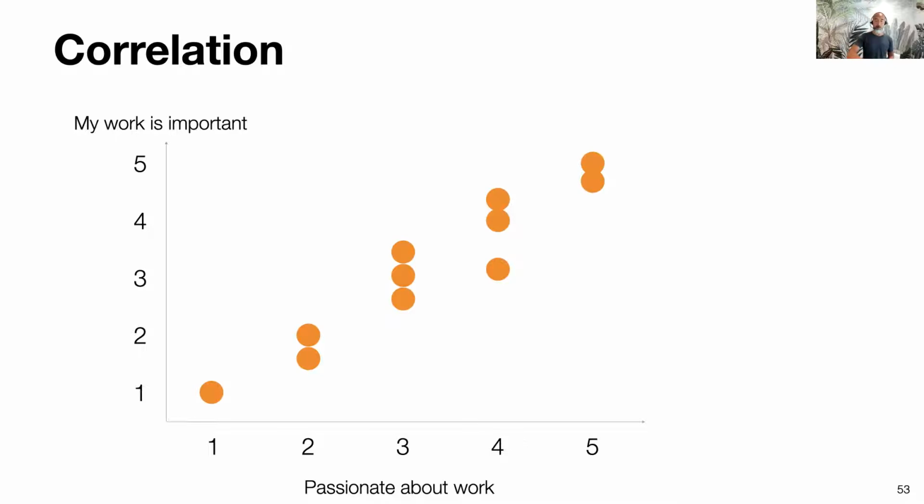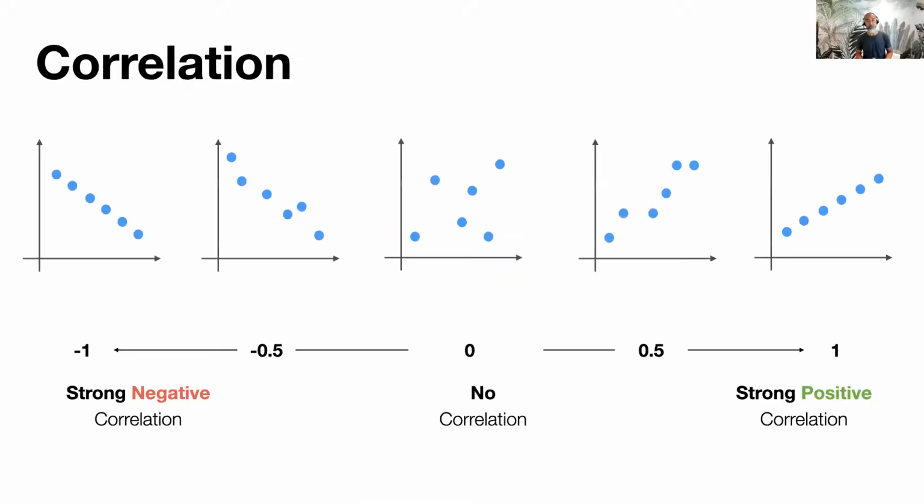And vice versa, people who scored low on one question scored low on the other as well. So it seems correlated. Correlation is about the relationship between those two variables: is there a similar pattern? More precisely, an increase in one variable can be expected to come with an increase or decrease in the other variable.